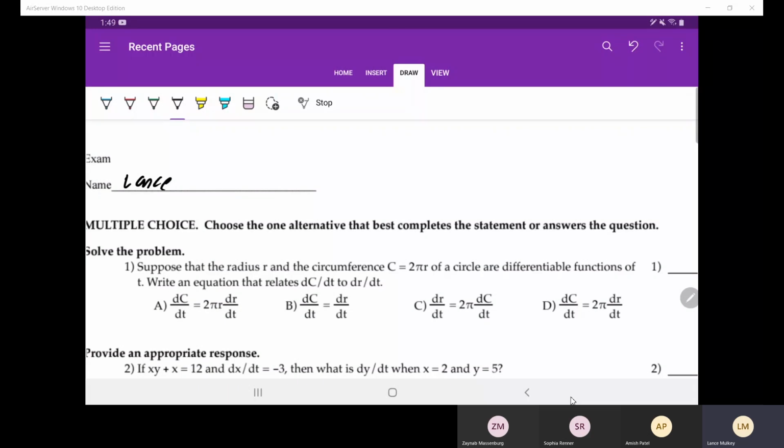So everything is relating to time. So C of t equals 2 pi r of t.